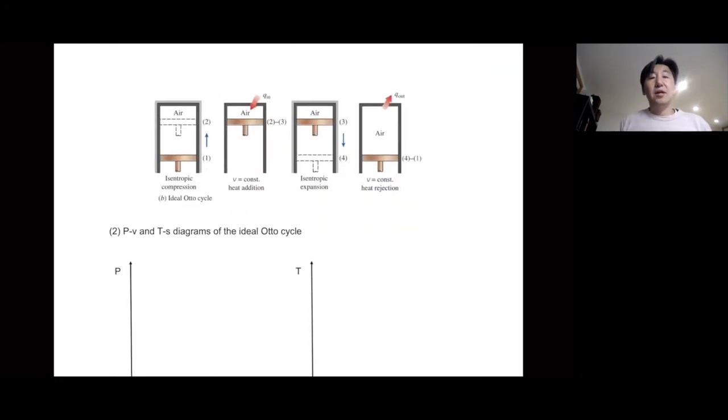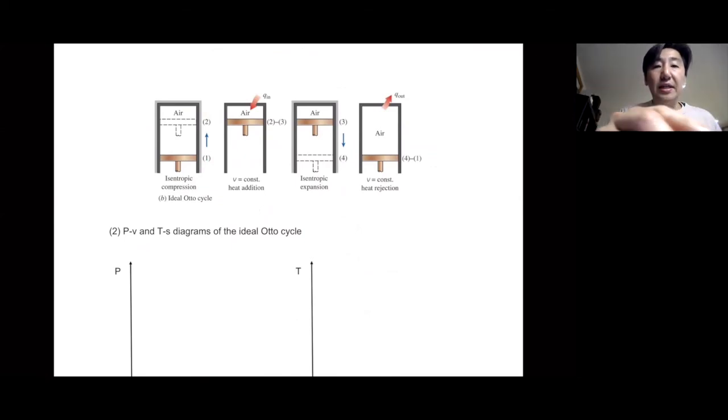And that is how we can draw schematic diagrams of those four processes. We don't have any valves anymore because that is ideal. We don't care about any flowing in or out of your working fluid. So air is trapped and just experiences compression, heat addition, expansion, and heat rejection.